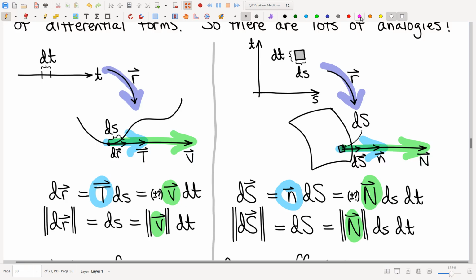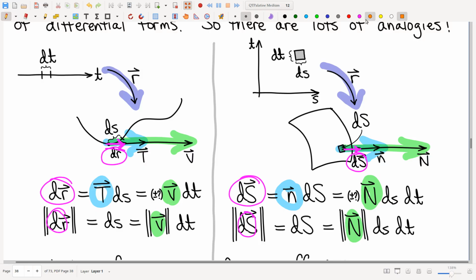And the vector differentials, the dr vector and the dS vector, sit in analogous places.